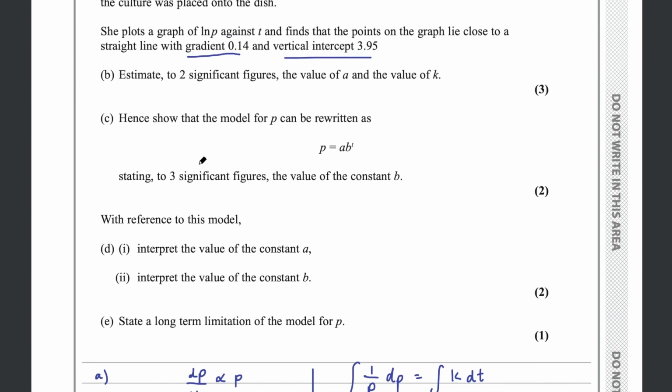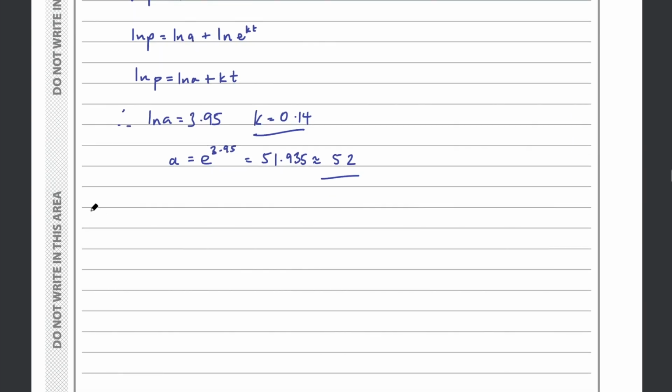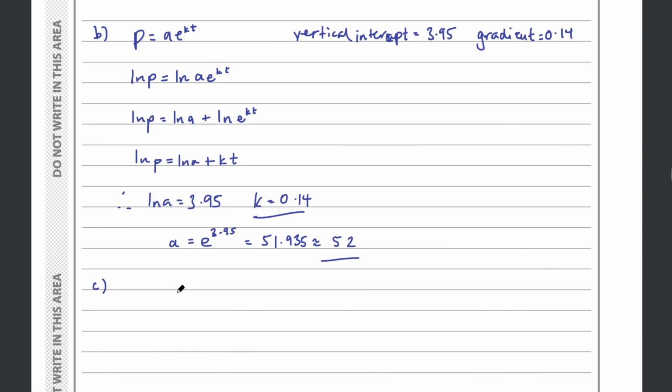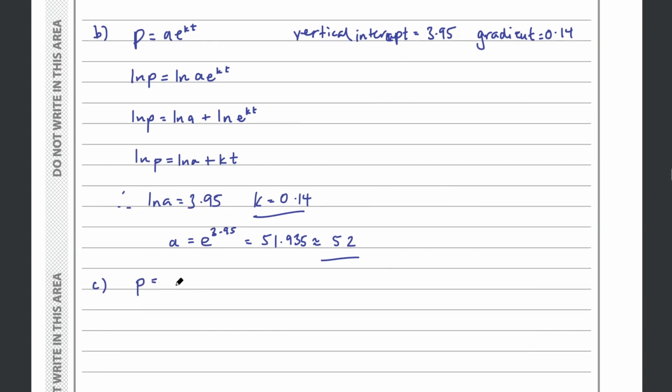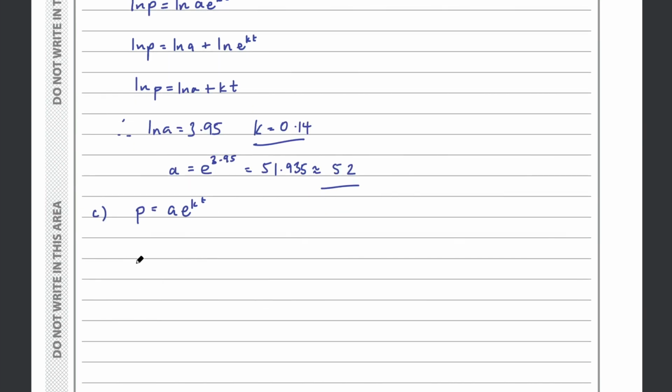Part C says, hence show that the model for P can be rewritten as P equals a b to the power of t, stating to three significant figures the value of the constant b. Okay, so for part C, let's look at this equation again. P equals a e to the kt. So we know a and k now, so we can say P equals 52 e to the power of 0.14t, and we can say this is the same as e to the power of 0.14, all to the power of t.